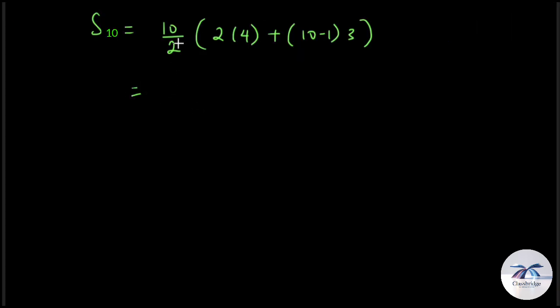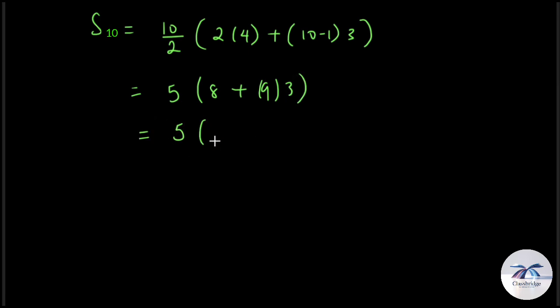All right, so 10 divided by 2 gives 5. 2 times 4 gives 8. Plus, please be careful while doing this simplification. You have to make use of your BODMAS rule. 10 minus 1 is 9 into 3.